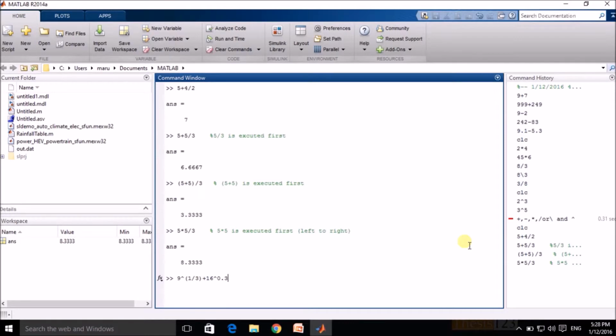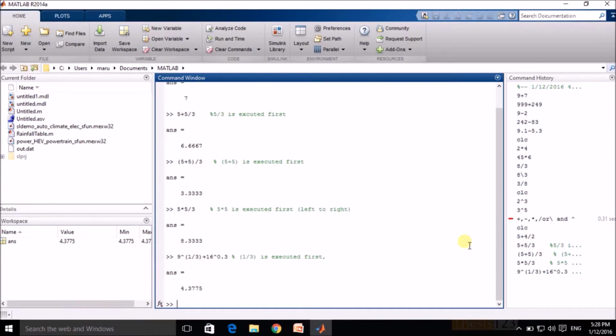This is my expression. Which one is executed first? Whatever we are seeing here, 1 by 3 is executed first. There is no doubt at all.